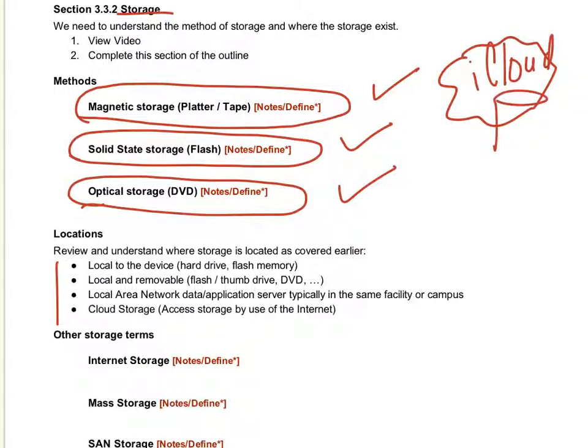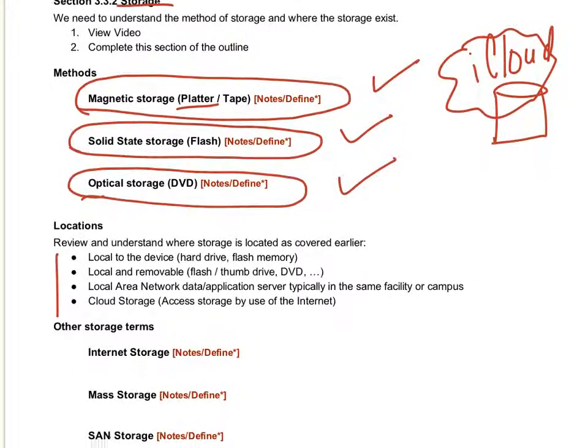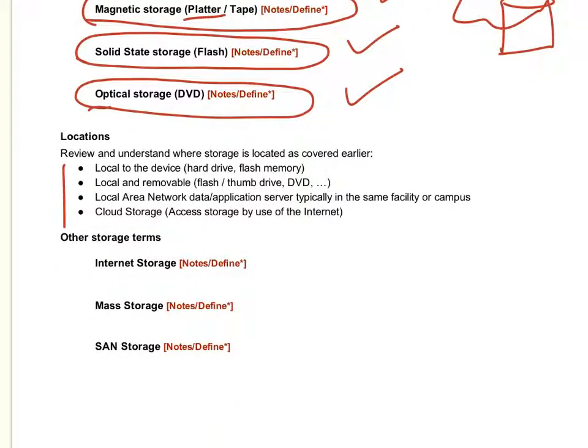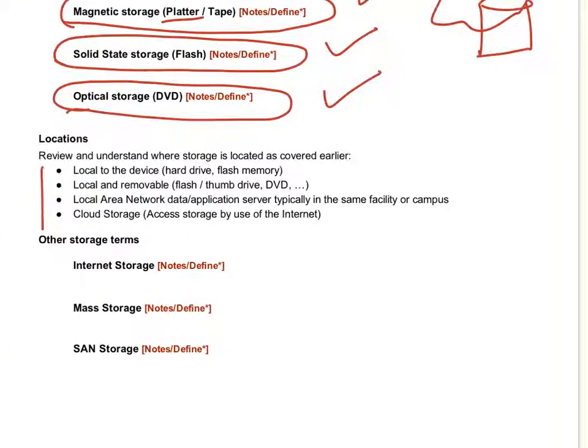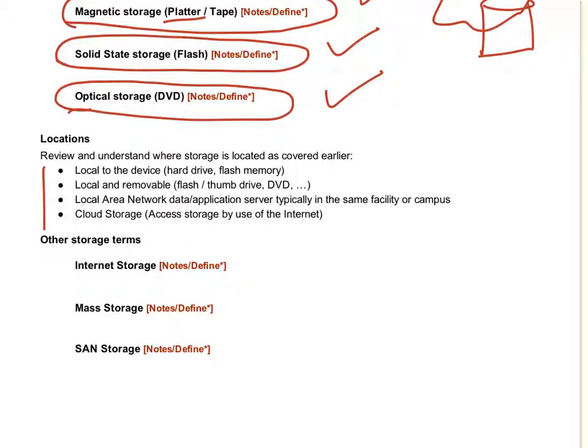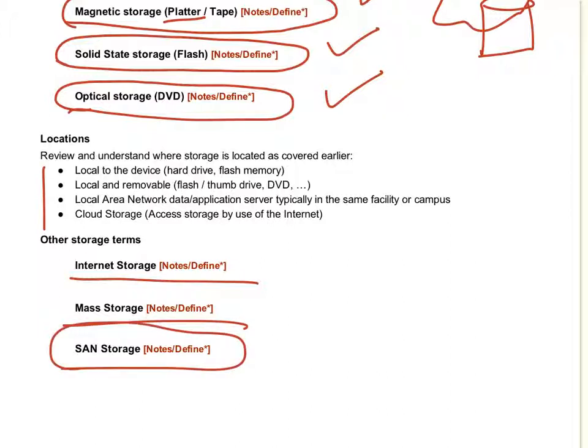They probably have large magnetic platters to store information. Okay, and then a little review here. We talked about storing it out on the internet, mass storage, or in a SAN, a storage area network.